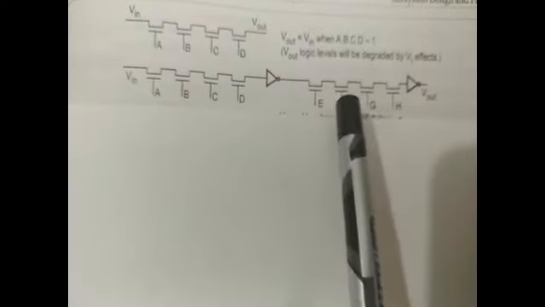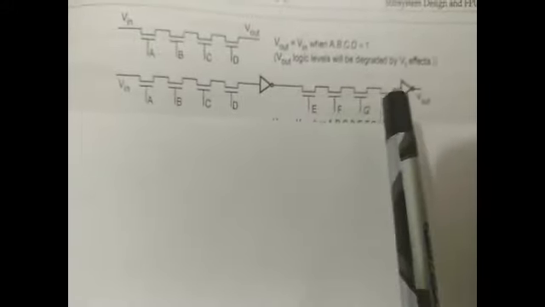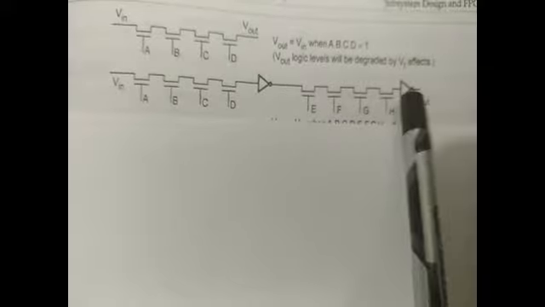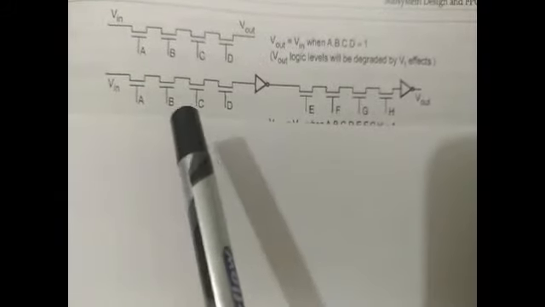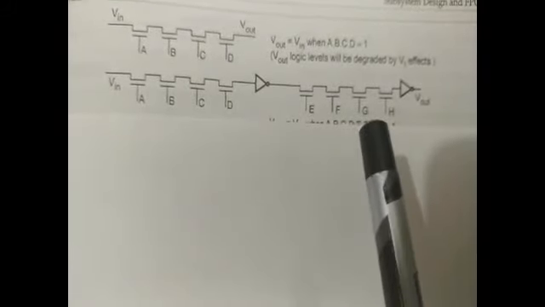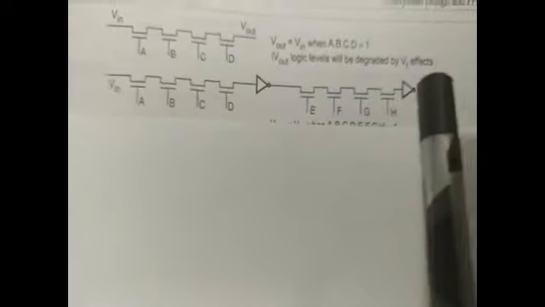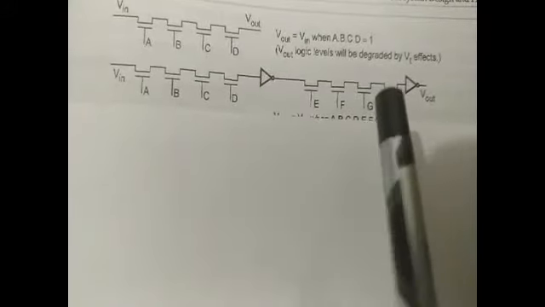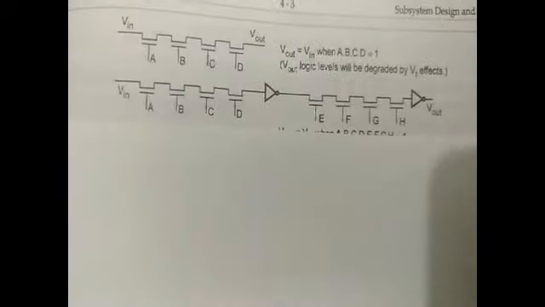Once again, when E, F, G and H are equal to 1, we get 0 here, and since it is connected to an inverter, we get 1. So V out is equal to V in when A, B, C, D, E, F, G, H are equal to 1. If any one of the inputs is 0, that is A, B, C, D or E, F, G, H, V out will not be equal to V in.